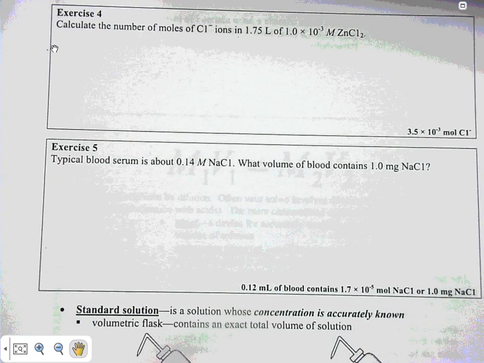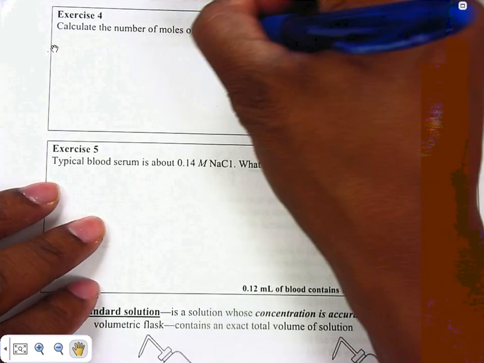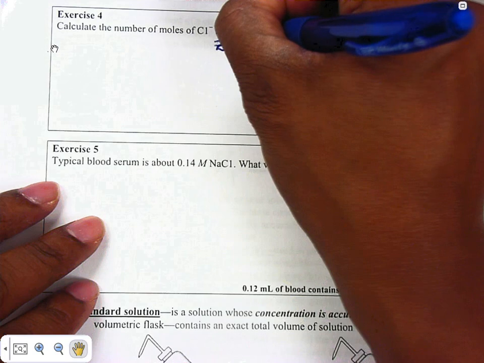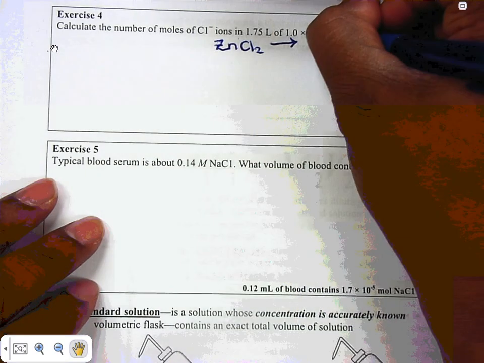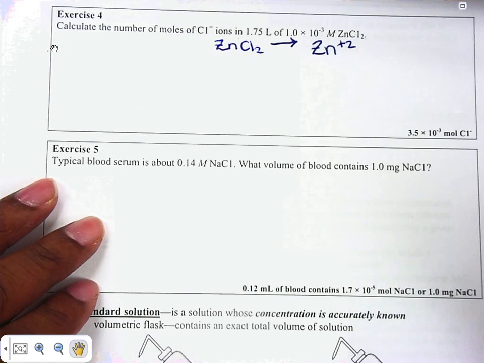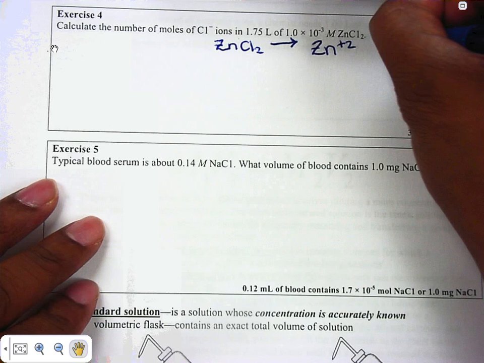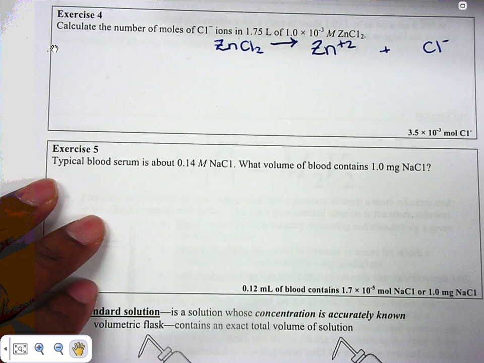And so to do that, you have to understand the chemical makeup of what zinc chloride is comprised of. It is comprised of zinc 2 plus ion and chloride anion. Remember, there are 2 of them though.